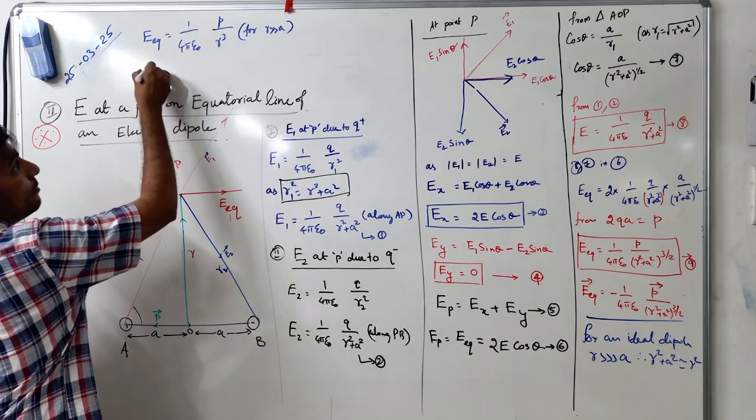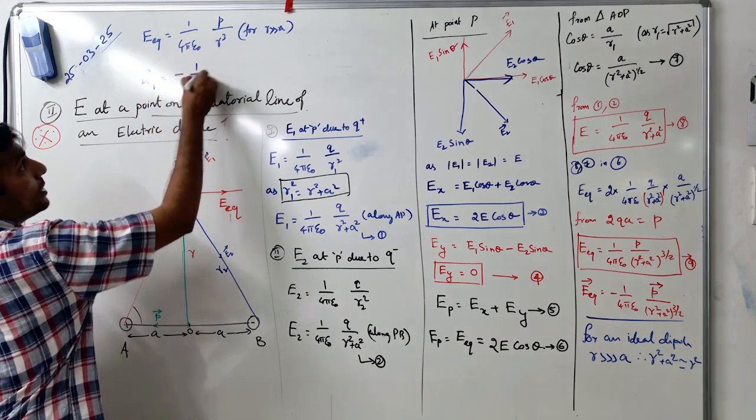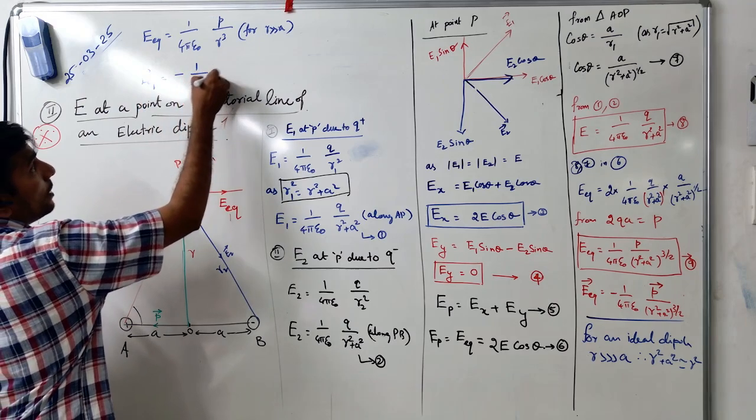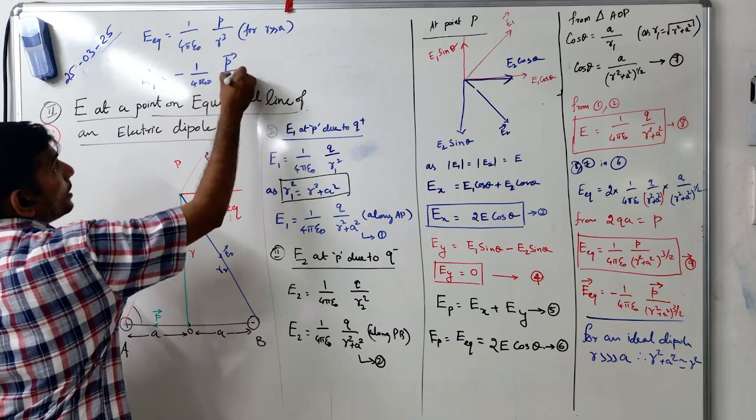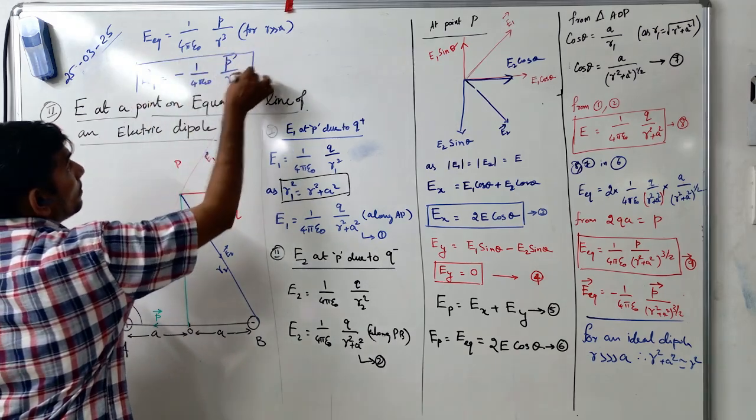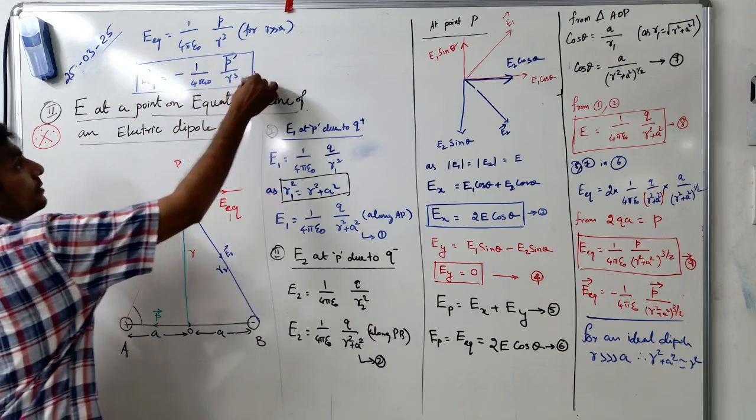E equatorial vector is equal to minus of 1 by 4 pi epsilon naught P vector divided by R cubed. That's it.